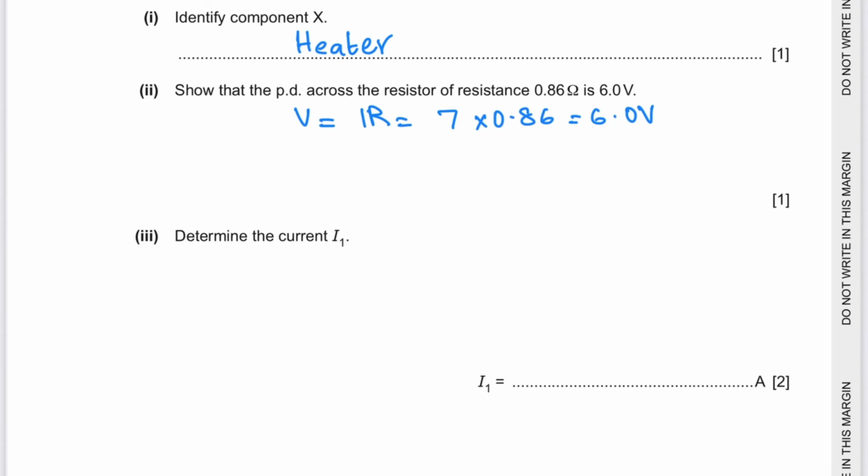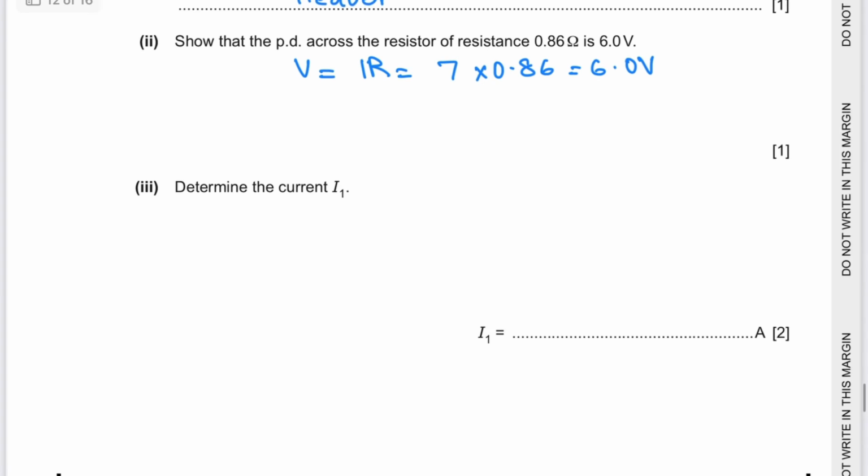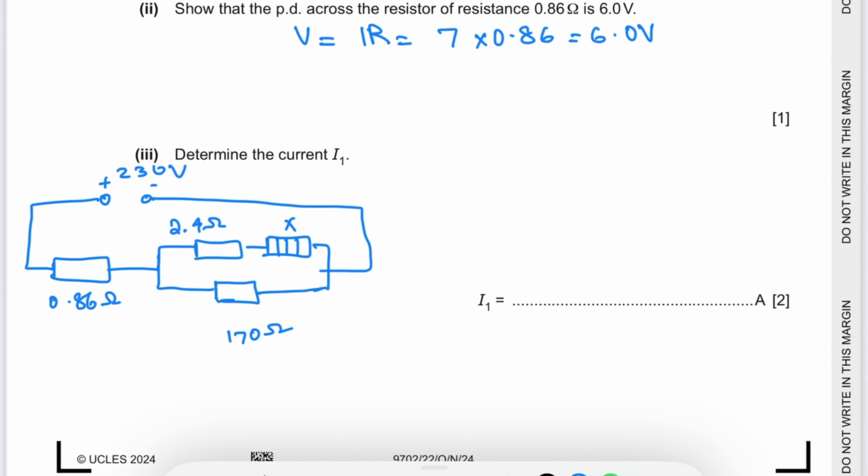Determine the current I1. For this one I want to redraw the circuit. As you can see, in this circuit the 0.86 ohm resistor is in series with the entire combination of other components, where these two are connected in series, and combined they're connected in parallel with the 170 ohm resistor, and then this combination is in series with the 0.86 ohm resistor.